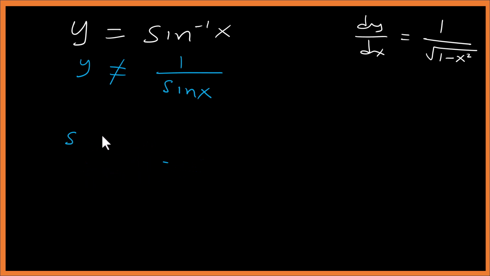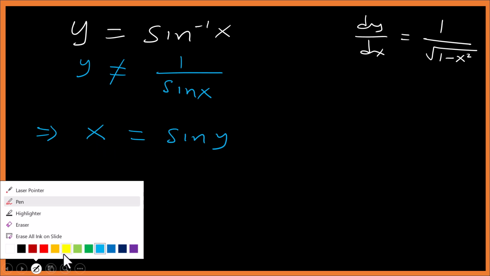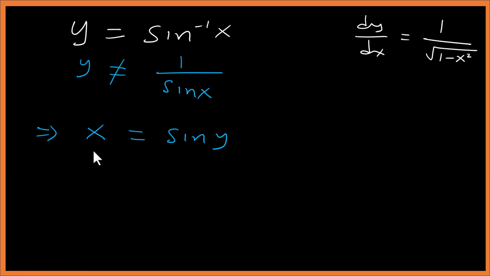Now, before that, let's write this one as x equals sine y, because y is the same as sine inverse of x. All right, let's take the derivative here. This time it will be differentiating x with respect to y, so that will be dx/dy.